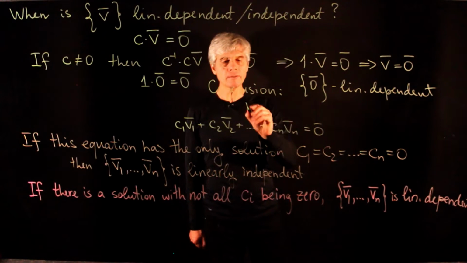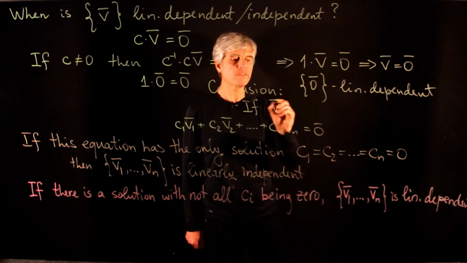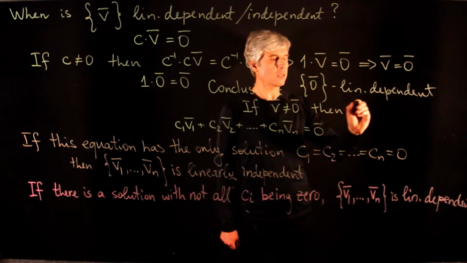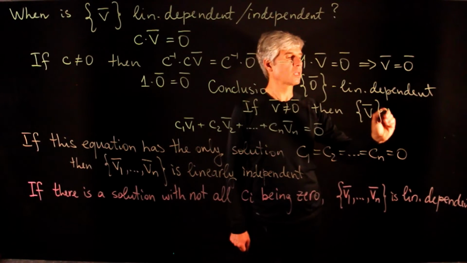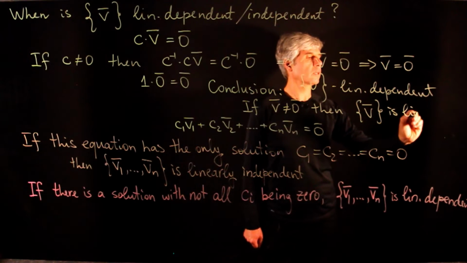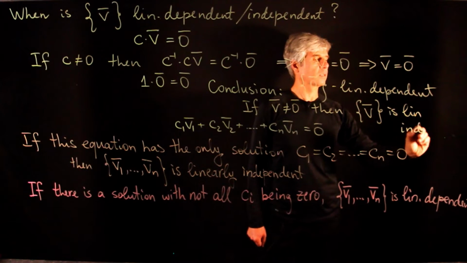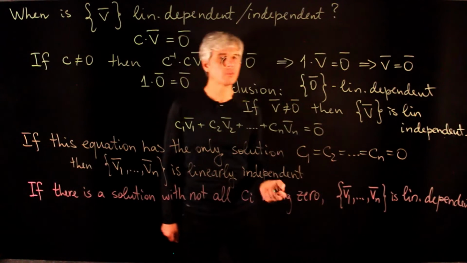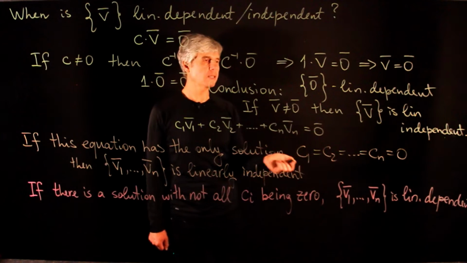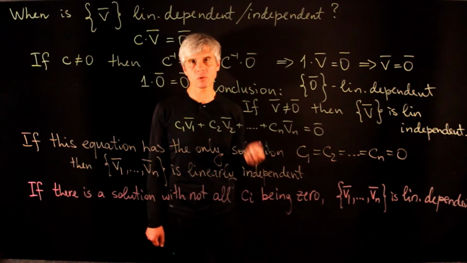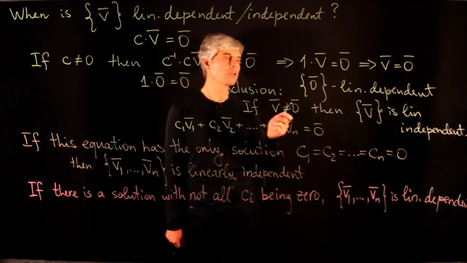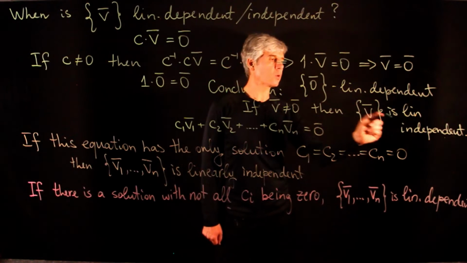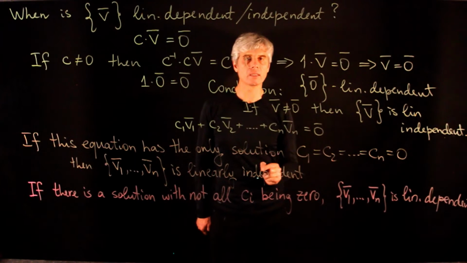And if we take one vector which is not equal to 0 vector, then this set of vectors is linearly independent. So for one vector, we understand linear dependence and independence. If this vector is a zero vector, then the set is linearly dependent. If this vector is non-zero, then the set is linearly independent.